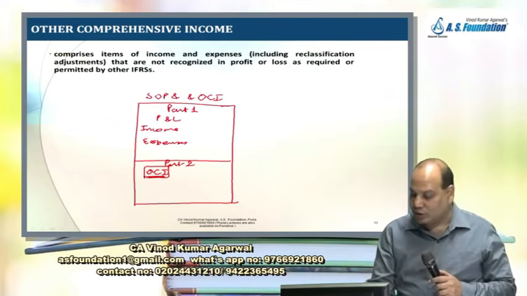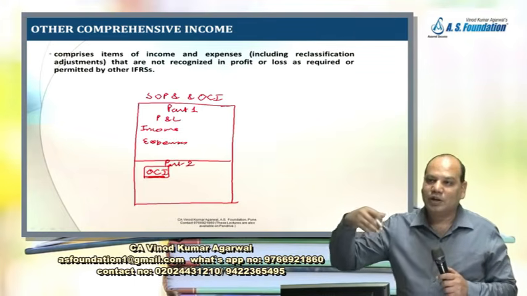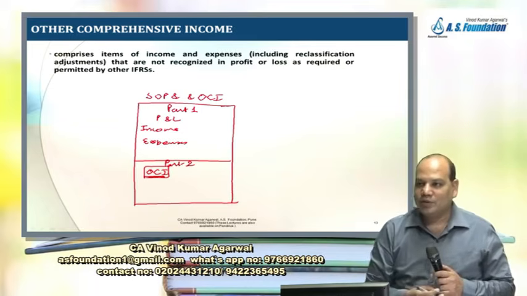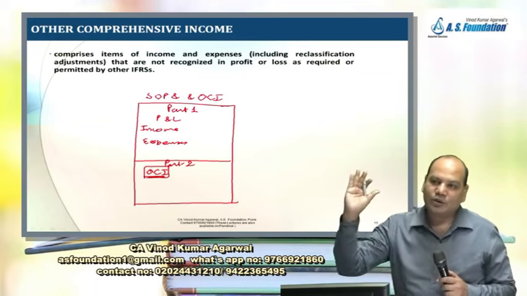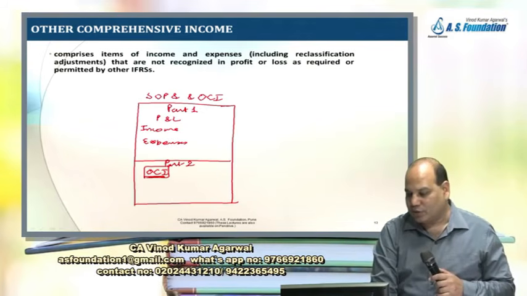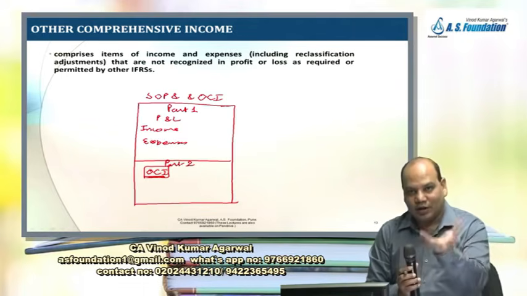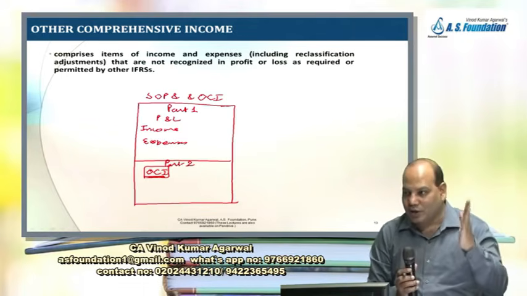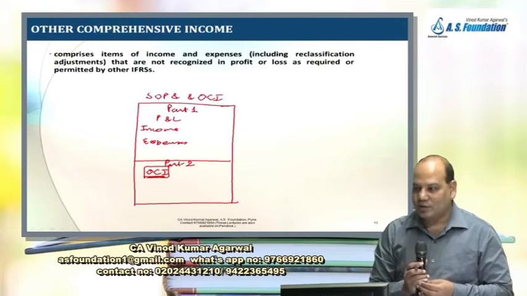So most of the gain or loss which earlier you might have studied in 11th, 12th standard directly used to be written in the reserve. Now they don't write directly in the reserve. First they present on the face of the statement of profit and loss and OCI, so that the investor will know that these are the gain or loss which they have realized and these are the gain or loss which they have not yet realized.